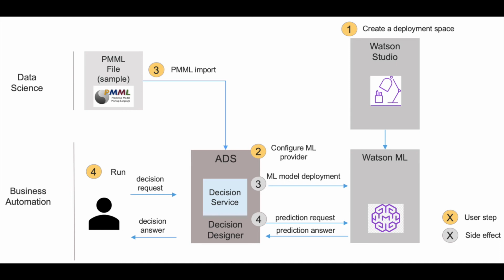This PMML file is coming from a sample in ADS. Then we're going to finally run this to get predictions from this machine learning model and also execute the overall decision in ADS.